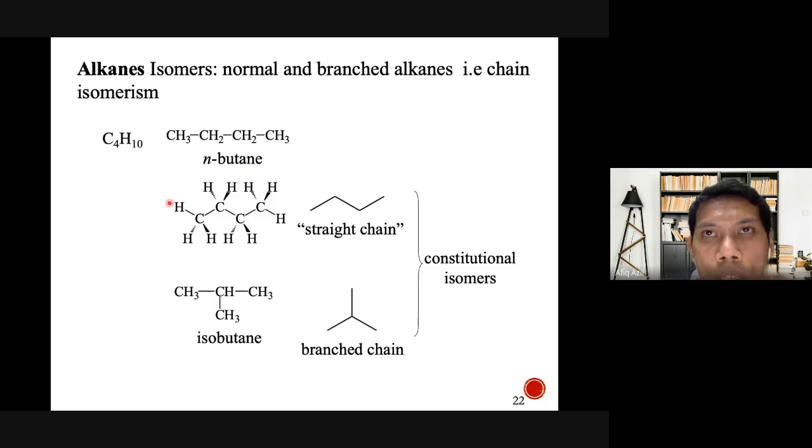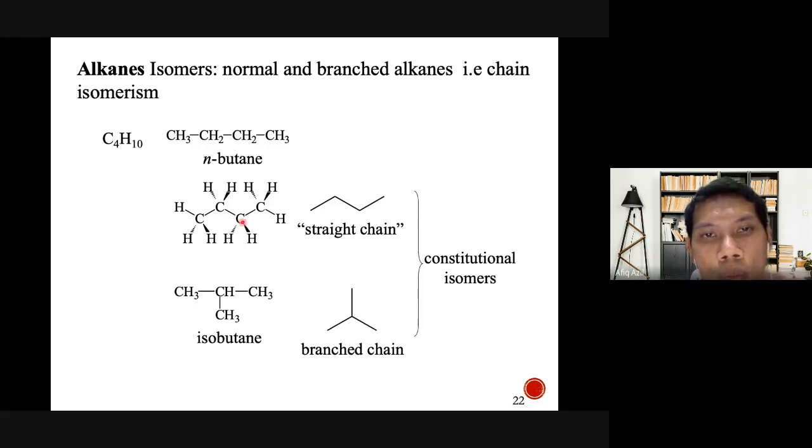Once you feel more comfortable, you can go to this simplified version, and once you feel that you are ready, you can go using these skeletal structures, because most references that you are going to find, not all will use these open structures like this. They will opt to use this skeletal form.